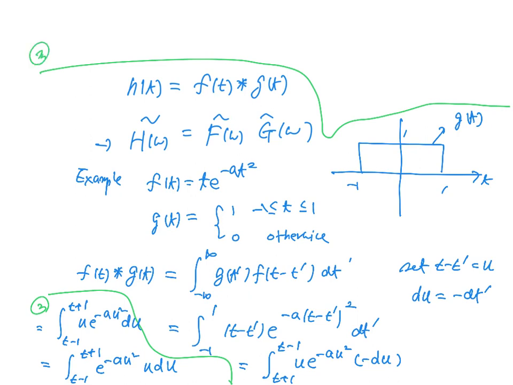Say v is u squared, then dv is 2u du, right? So our integration is from (t - 1)^2 to (t + 1)^2 of e^{-av} dv.